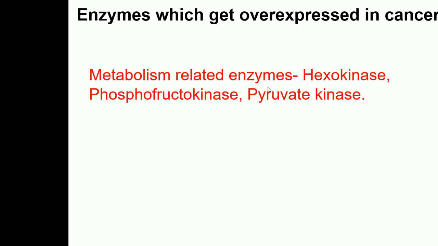Glycolysis is a very important step, and it is involved in aerobic respiration as well as fermentation. These enzymes, hexokinase, phosphofructokinase, and pyruvate kinase, are involved in glycolysis, and they get overexpressed in cancer. Because of the overexpression of these metabolism related enzymes, these cells start dividing aberrantly, and they become abnormal cells.